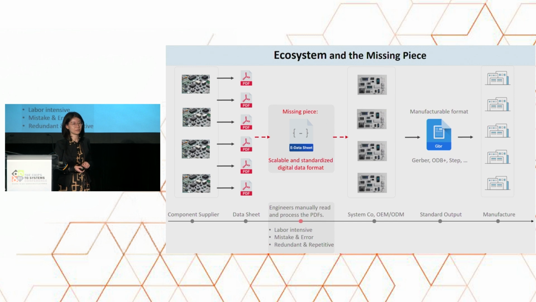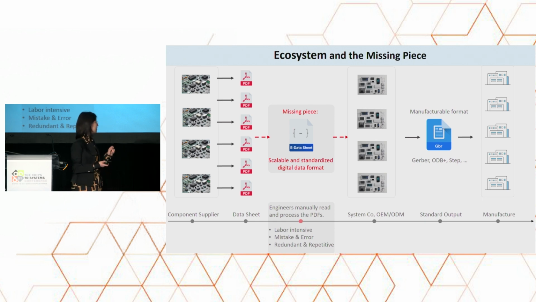Let's first take a look at the ecosystem of the industry today. There are component suppliers who provide components, and system companies, OEM, ODM companies that use the components in their design and then send their designs to the manufacturers for production.